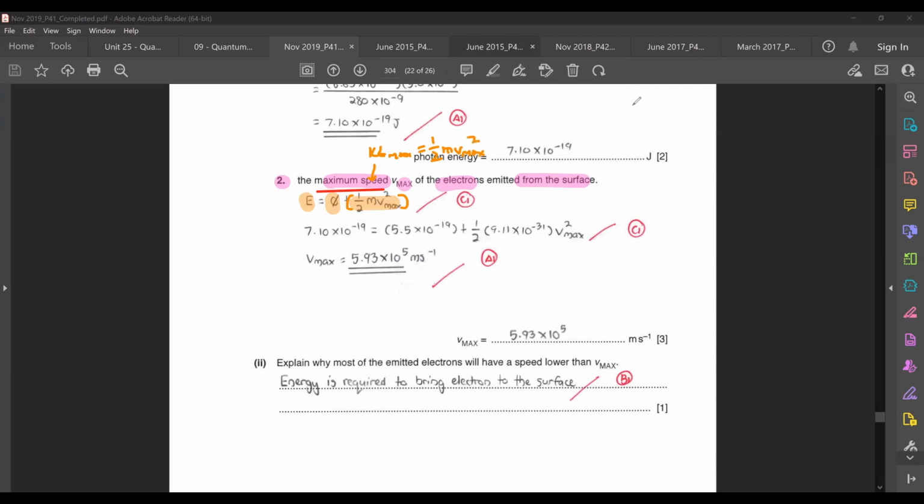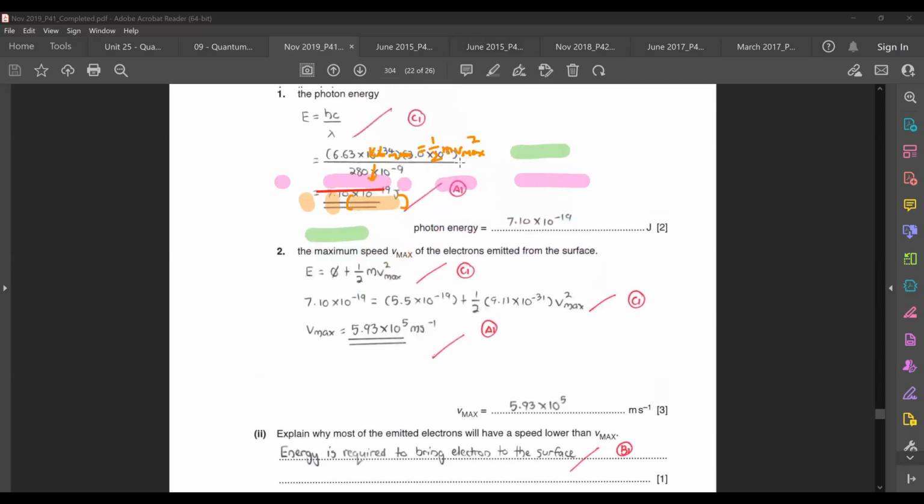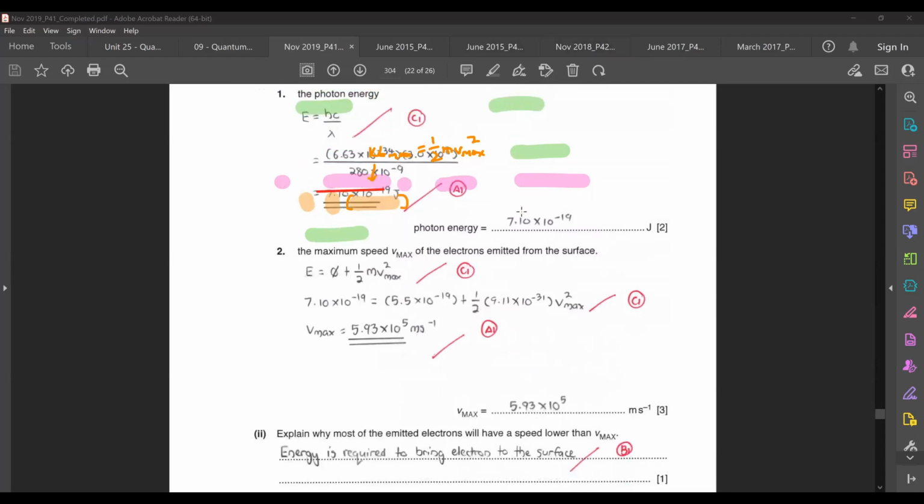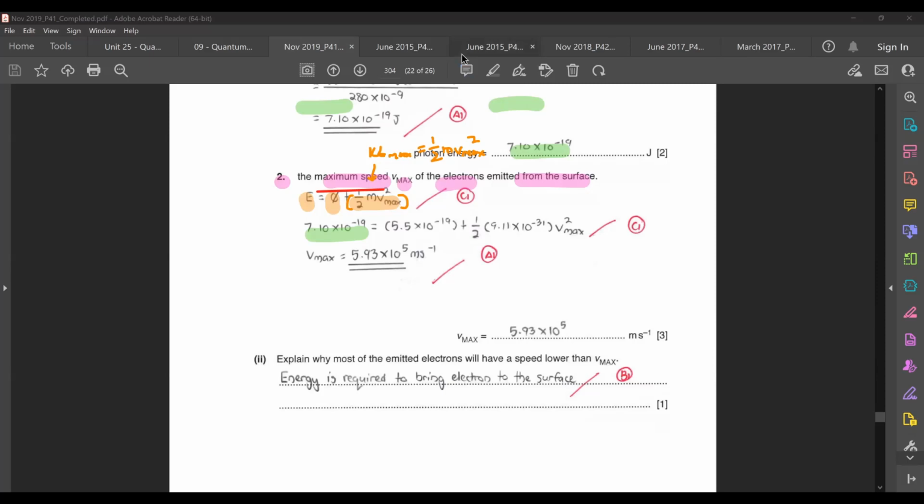So your photon energy, you already found it from the question above, is 7.1 times 10 power minus 19. Your work function energy is given at the beginning of your question. They told you it's 5.5 times 10 power minus 19. Sub that value in, plus half times the mass of your electron, then multiply with Vmax squared.